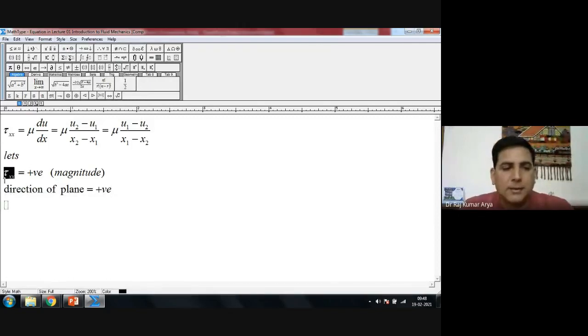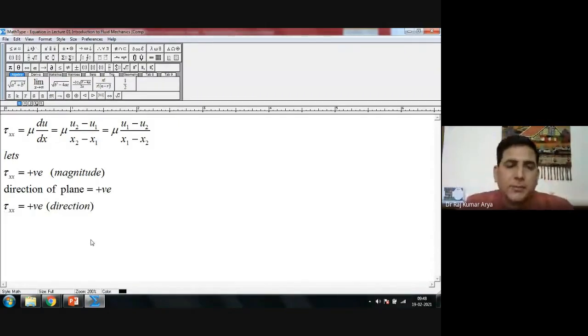No matter where you are calculating it, you should not consider anything for that. So if you are calculating for the x-axis, it will act in the positive direction only, in plus x side.